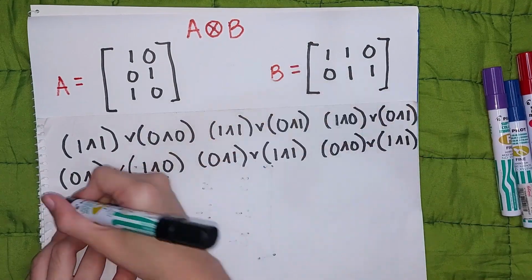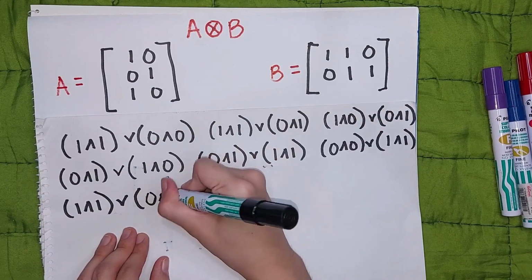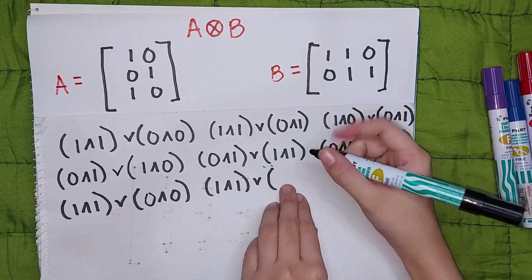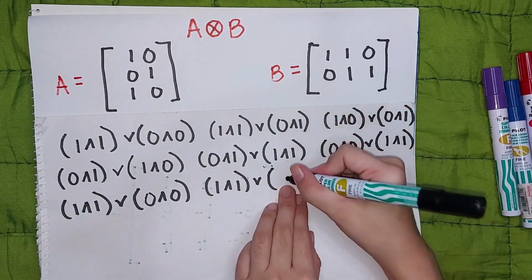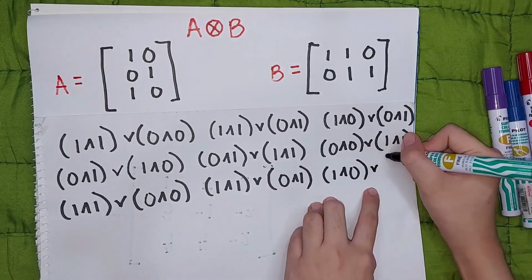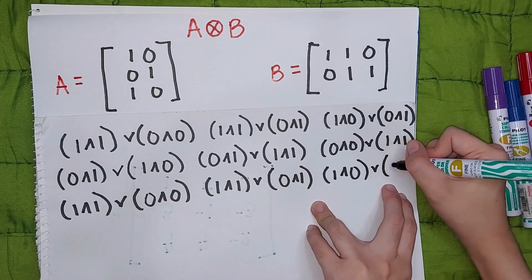Last row, 1 meet 1 and it will join 0 meet 0. Next, 1 meet 1 and it will join 0 meet 1. 1 meet 0 and it will join 0 meet 1.